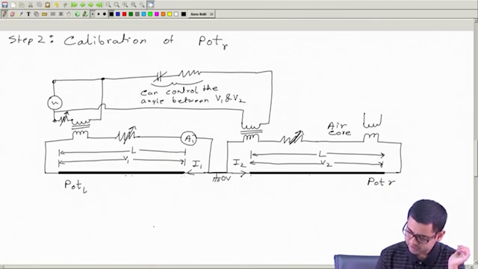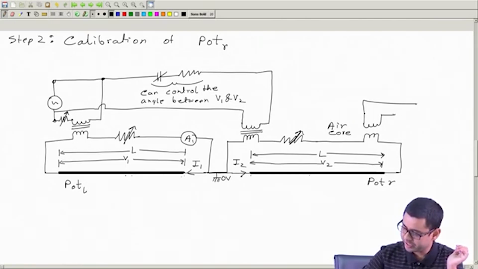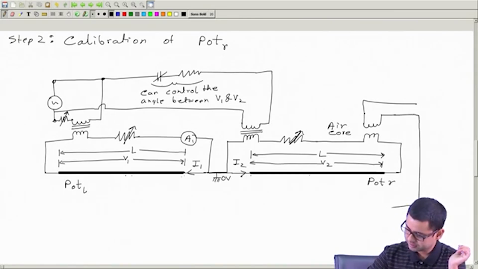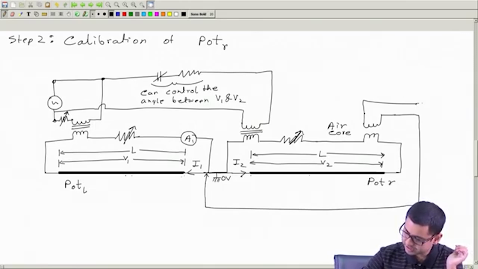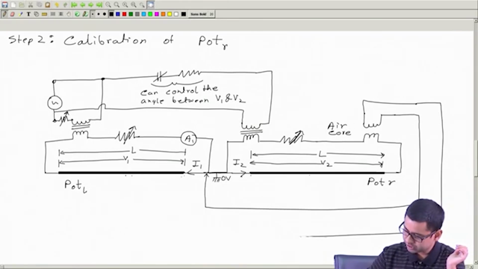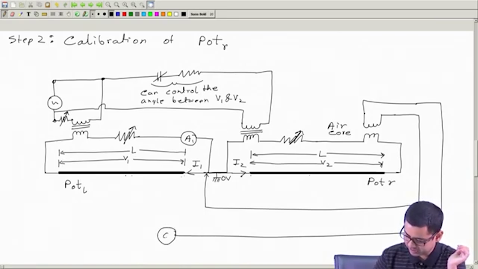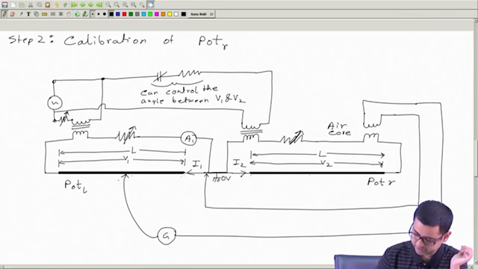So if any current is flowing here, then we will have some voltage induced in the secondary. This voltage we will bring and connect one side here, and the other side through the galvanometer we will connect it here.